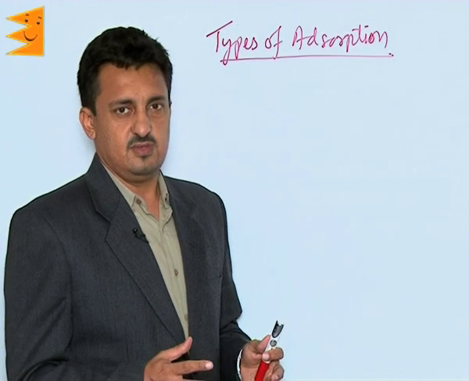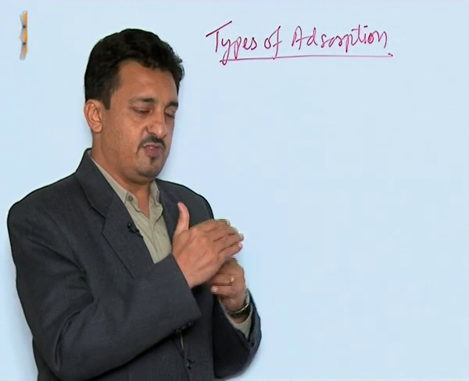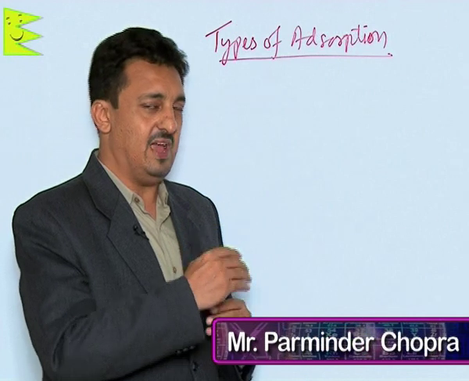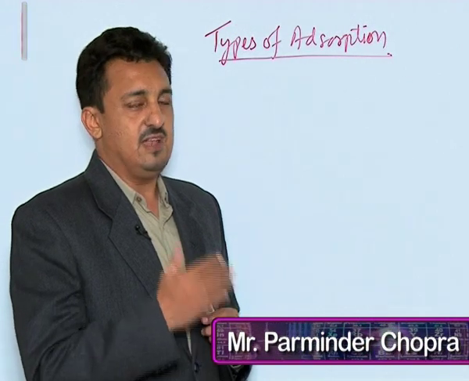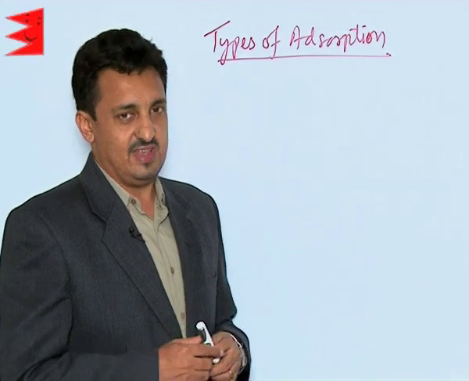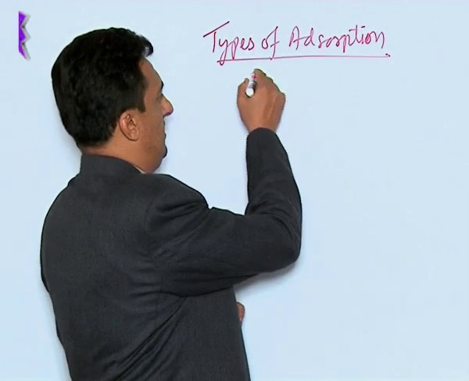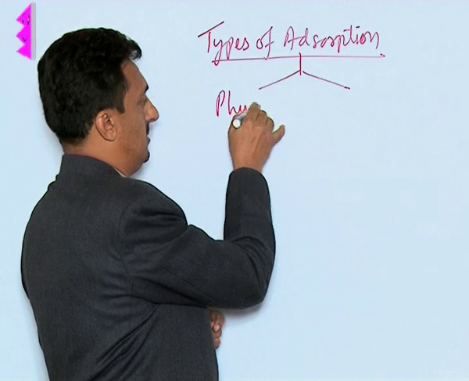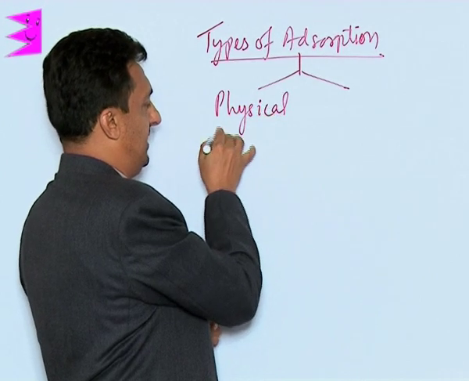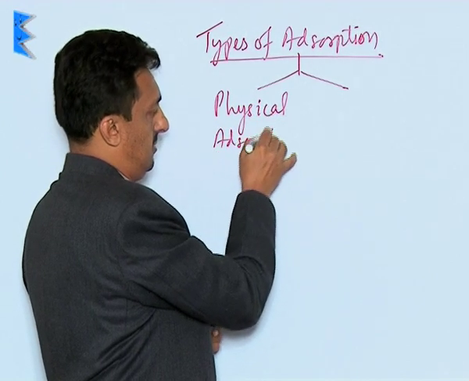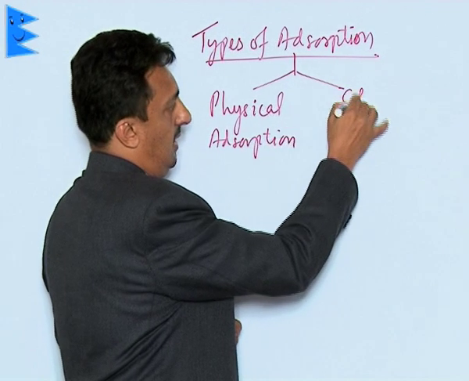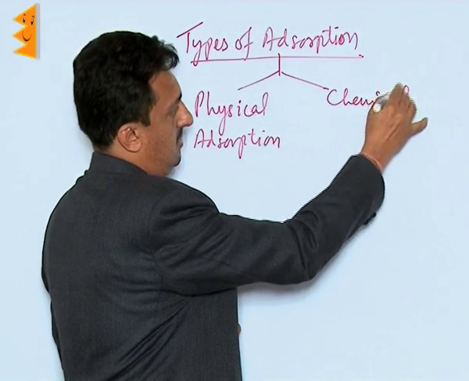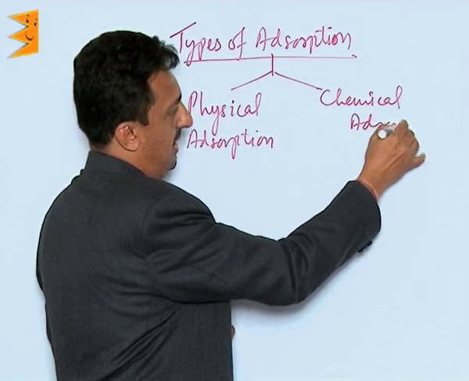Types of adsorption. On the basis of the forces of attraction which develops between adsorbate and adsorbent, the adsorption can be classified into two major categories. The two categories are physical adsorption and chemical adsorption.